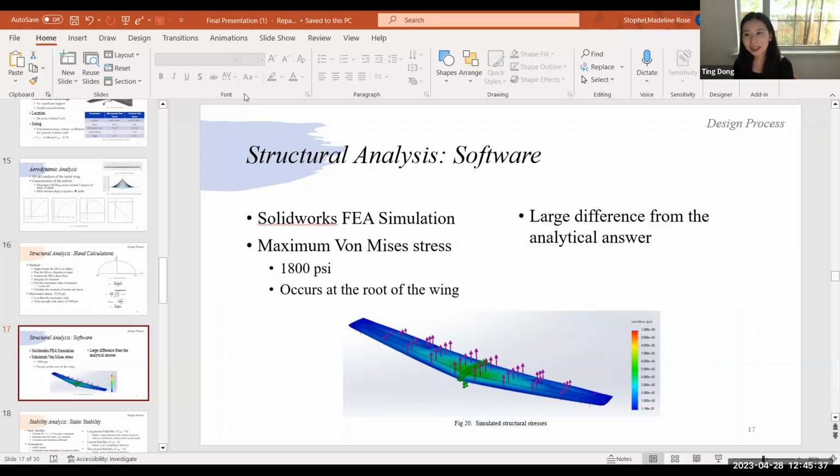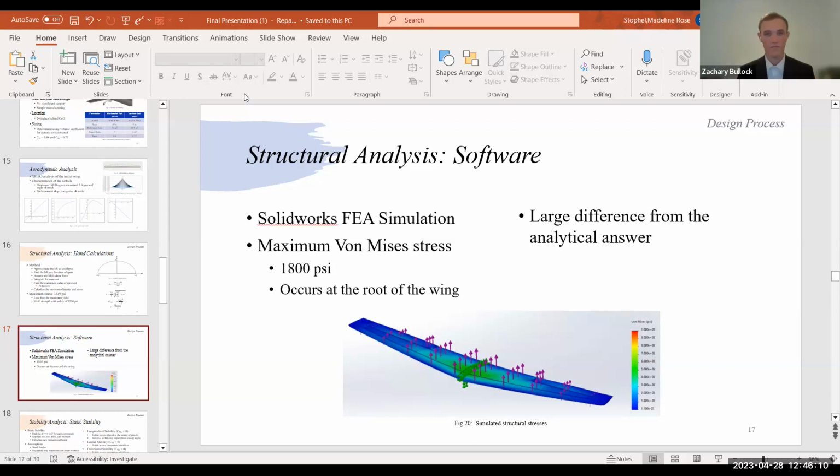The lightweight PLA skin, I don't know if you use 1 layer or 2 layers, really cannot carry much load for bending. The main load carrying structure in your wing should be the spar. So I think it's very reasonable, when you do the analysis, including the software analysis, to just consider this line load distribution on the wing spar, and you're done.